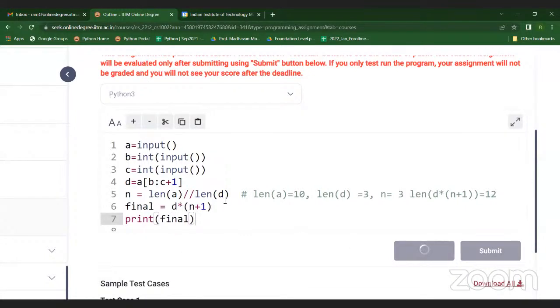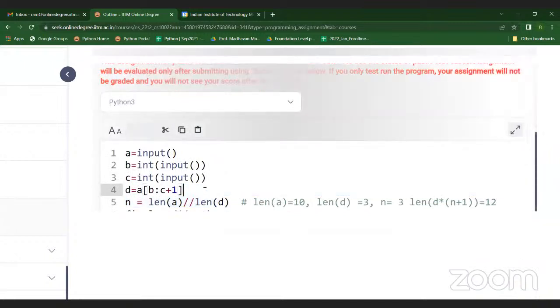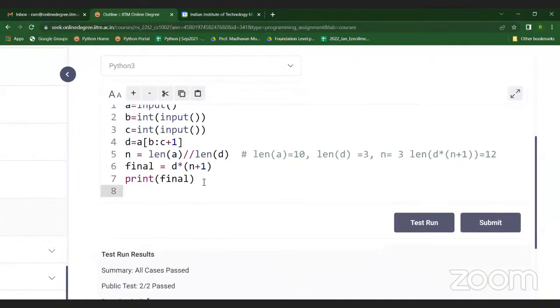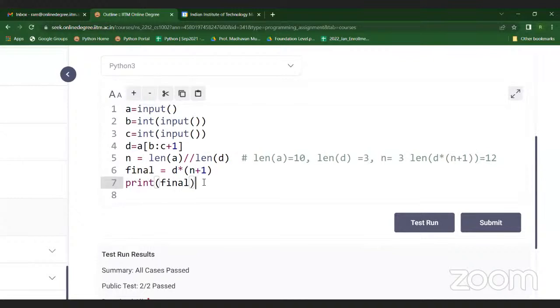So what would be the length of D? It is in ratio, then how can we find the length? D is a substring. Suppose B is 3 and C is 4, then 3 ratio 4.